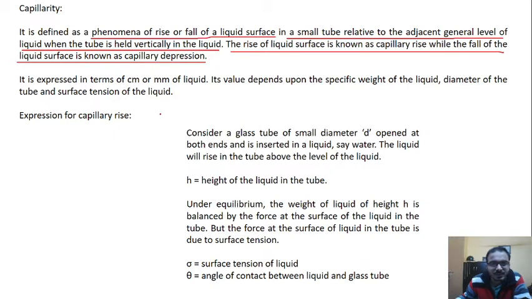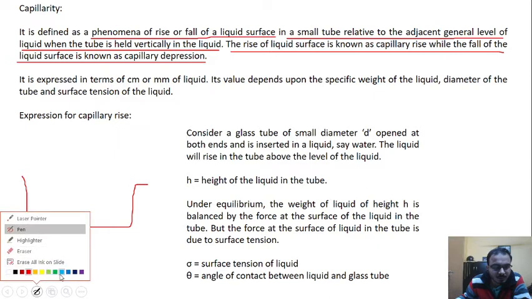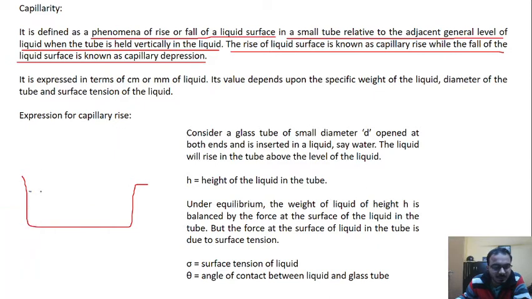So in a very simple language, if we need to understand this part, let's say we are having a vessel like this, and let's assume it to be completely filled with water.